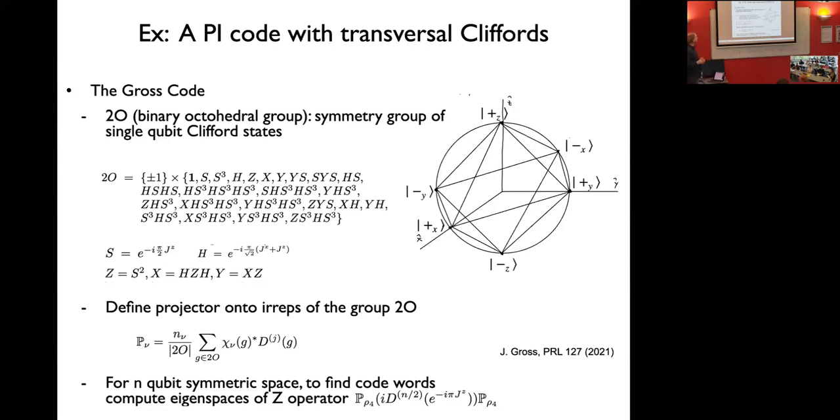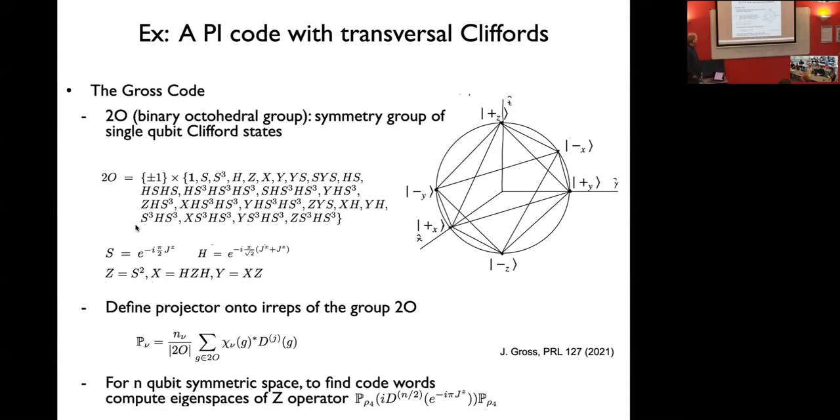These symmetry operations for the single qubit Cliffords are like the symmetry group of the binary octahedral group. And here are all the elements of this group written in terms of the Clifford gates, Hadamard, the phase gate, and Pauli X, Pauli Z, and Pauli Y.